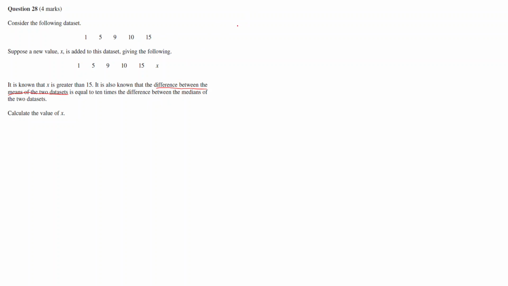So what is the mean of the first data set? Mean of the first data set would be equal to 1 plus 5 plus 9 plus 10 plus 15 divided by 5. There are 5 values, right? So divide by 5, and that comes out to be 8.